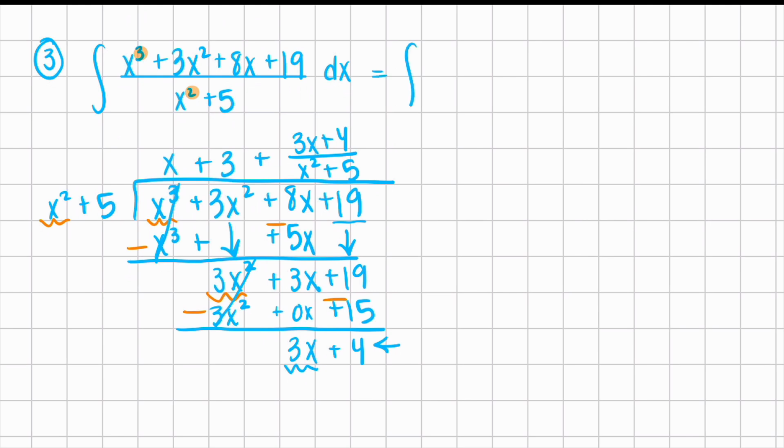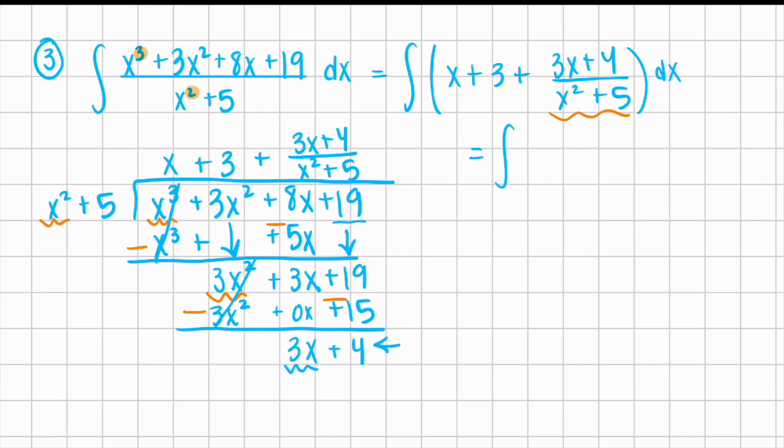Okay, so let's rewrite our integral. And just like we did before, I'm going to split this 3x plus 4 over x squared plus 5 into two separate fractions because we're going to want to integrate those separately.